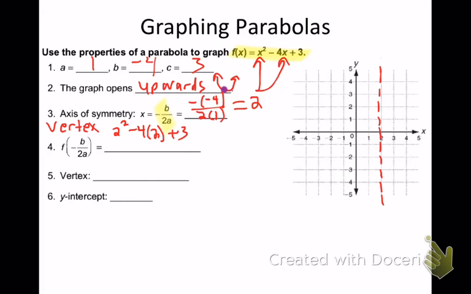Algebraically, 2 squared is 4. 4 times 2 is 8, plus 3. So what's 4 minus 8 plus 3 going to give me? Negative 1. So my vertex is located at 2, negative 1.